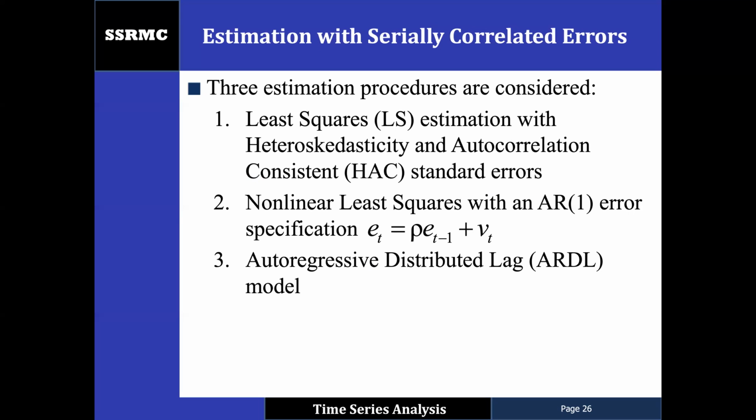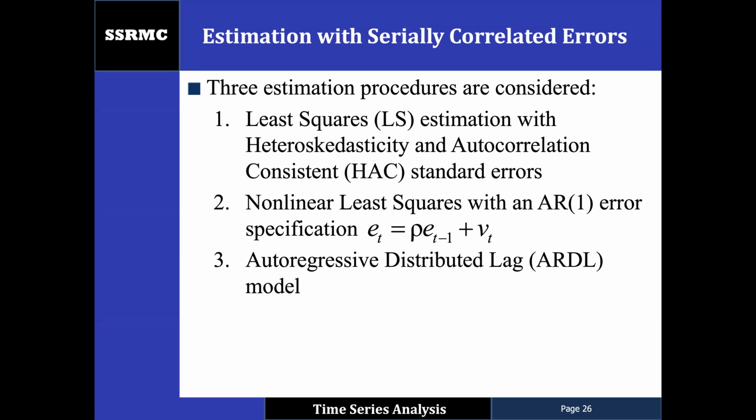That's a recognition that if we have serial autocorrelation in our error terms, we have both heteroscedasticity and autocorrelation, then we need to estimate a standard error that is robust to these two issues, and we use them to perform the test. So this is the first approach.